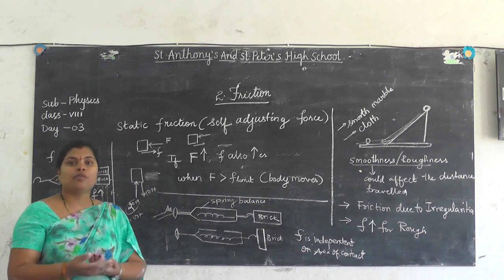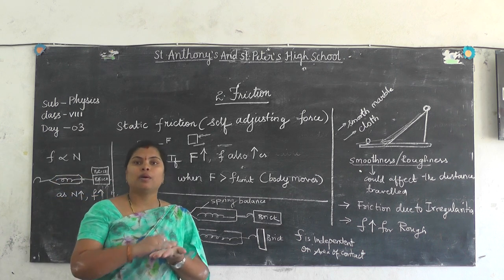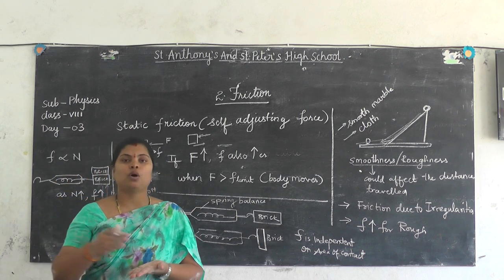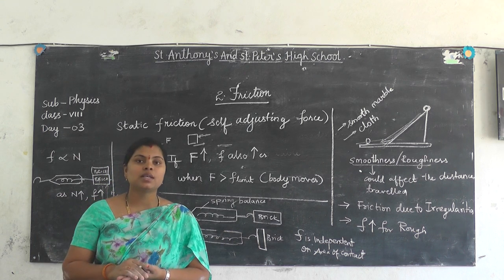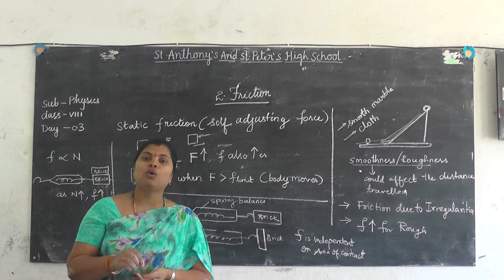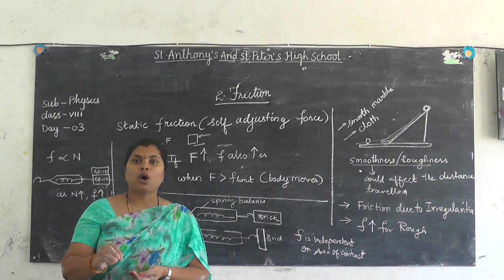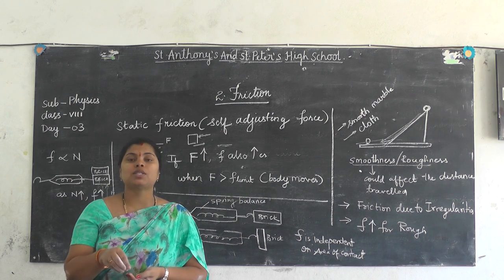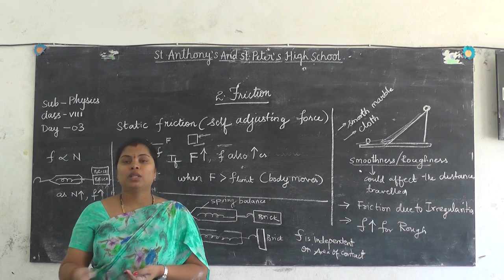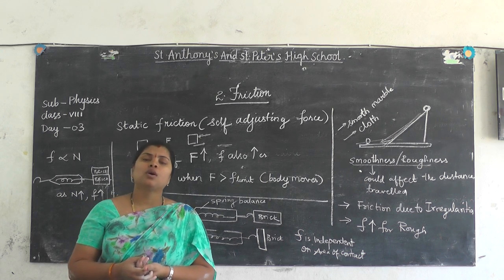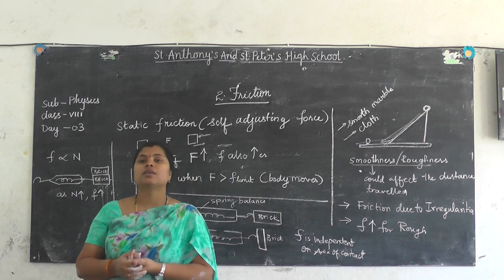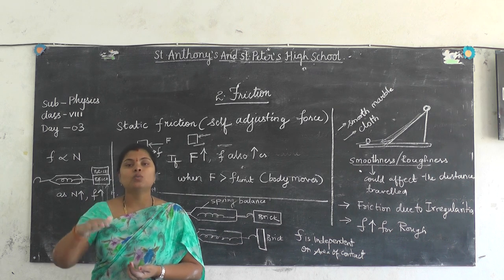Same as before, when I throw a marble on a smooth surface, it moves longer distances. If the same marble is made to move on sand or soil, it travels less distance comparatively because of the interlockings or ups and downs in the surface.